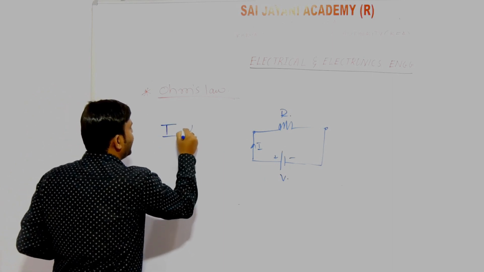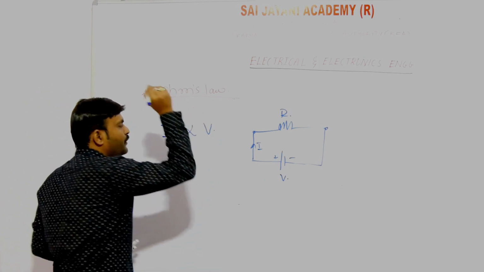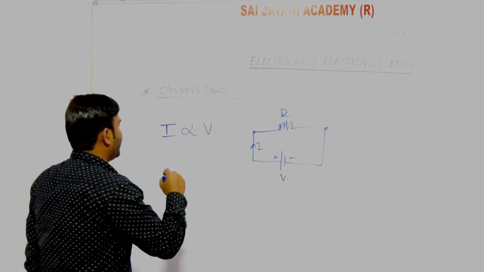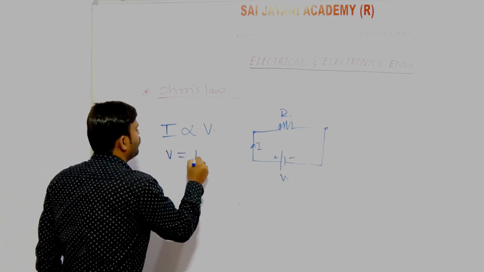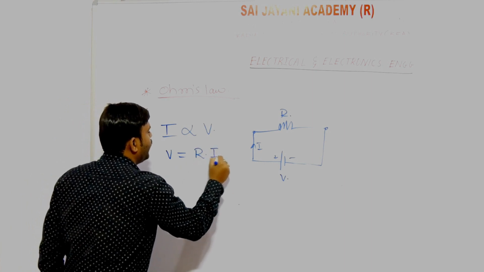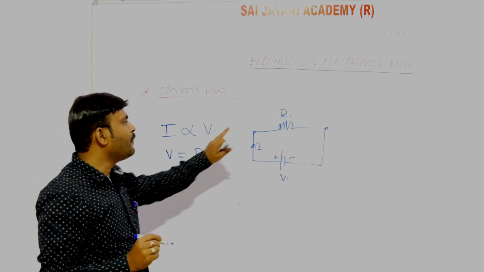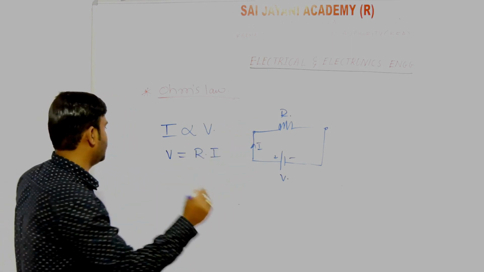So we can give an equation. I is directly proportional to V. I is the current, V is the voltage. Or you can write it as V is equal to R into I. R is the proportionality constant, and this is nothing but the resistance of the conductor.